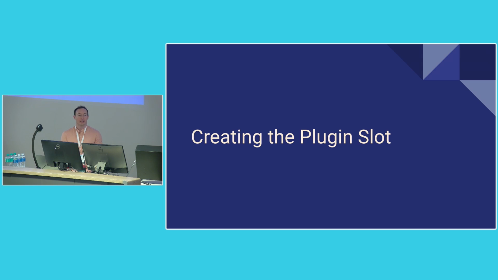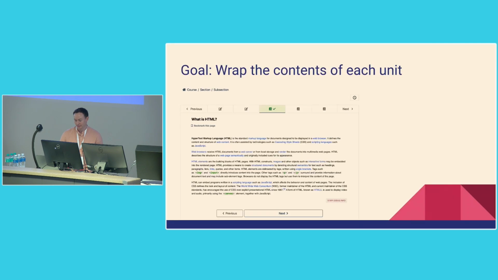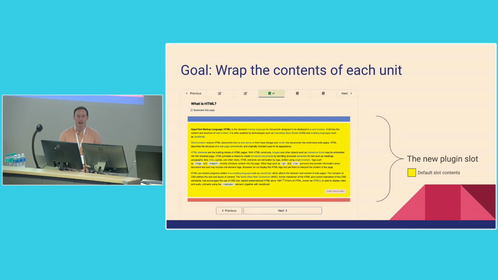So we're going to look at the learning MFE and adding an example plugin slot to the learning MFE. And this is what our goal will be. In the learning MFE, you'll see this page when you're actually in a course viewing some content. We're going to wrap the actual content of the course in a plugin slot.